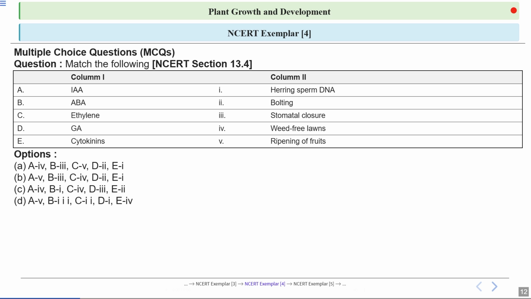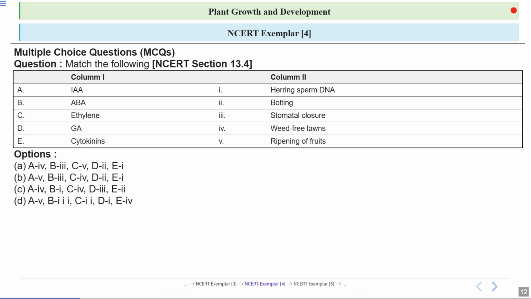If you see column 2, what are the items? First, herring sperm DNA. 2, bolting. 3, stomatal closure. 4th, weed-free lawns. And 5th, ripening of fruits. So we have 4 different options, right?